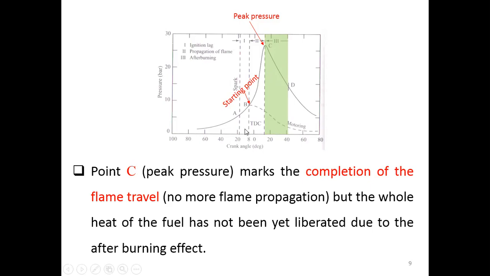Okay, so the ignition starts during compression, the combustion starts during compression, and keeps going on until compression finishes, and is still going on when the expansion stroke happens, because after TDC the expansion stroke happens, right?